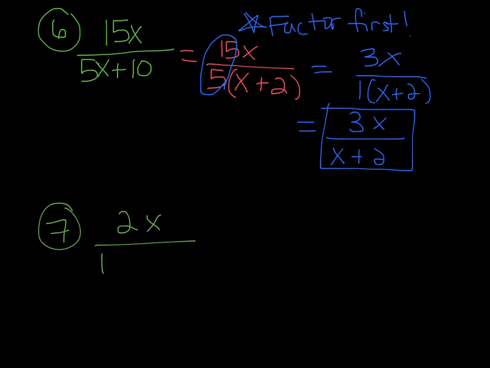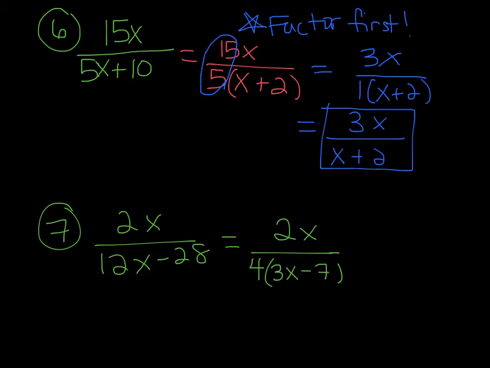So one more similar one. I would like you to do this one on your own, please. So for this one, my numerator I can't change. Denominator, my GCF of those, be careful, it's 4. Be careful, make sure you don't put 2. So when I factor out a 4, I am going to be left with 3x minus 7.